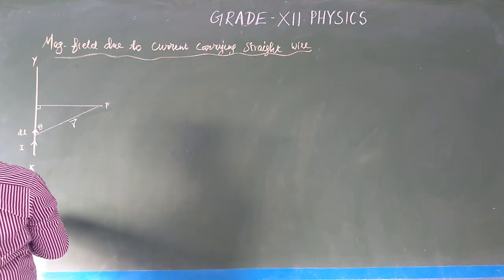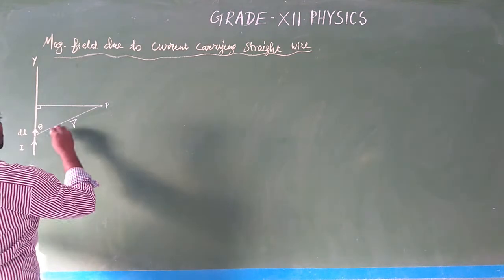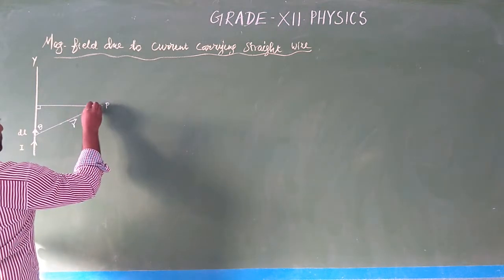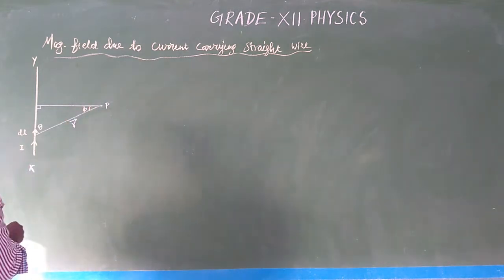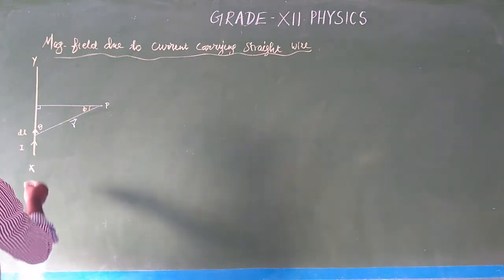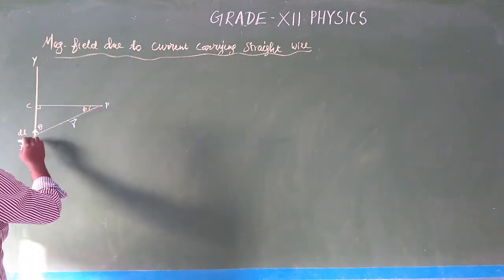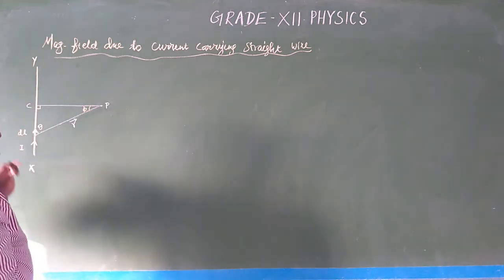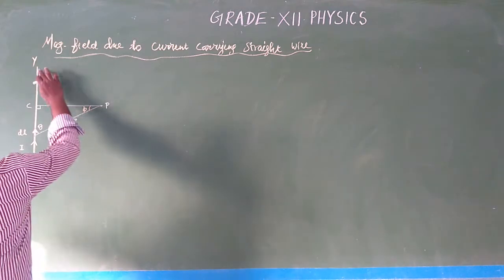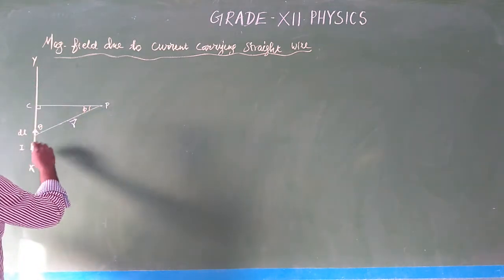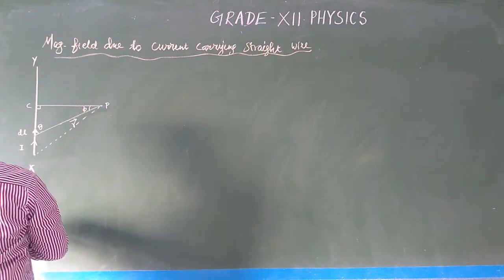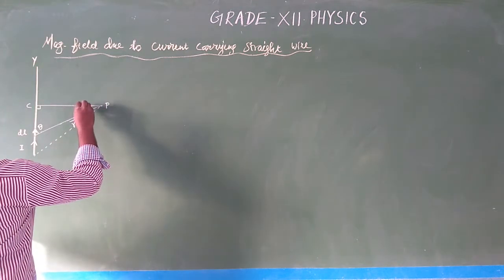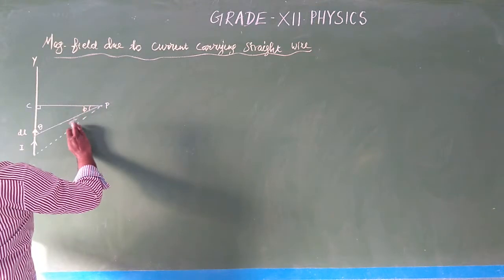Moreover, from the point, the angle to the current element is phi. So phi is the angle between the current element at a point P. So then there are the two ends, x and y ends. So at the x end, the angle created from the current element can be changed.